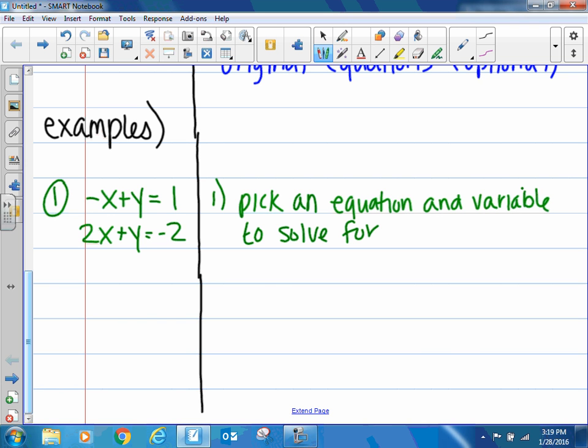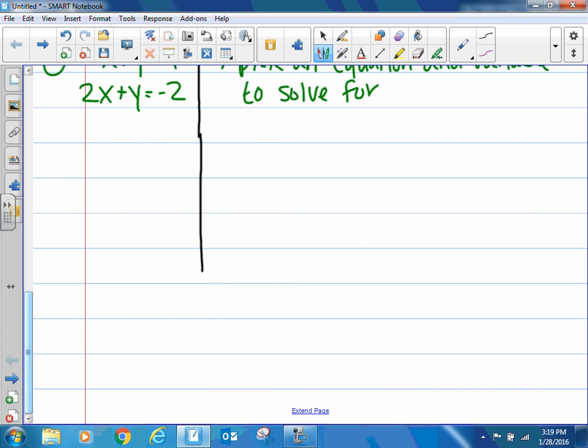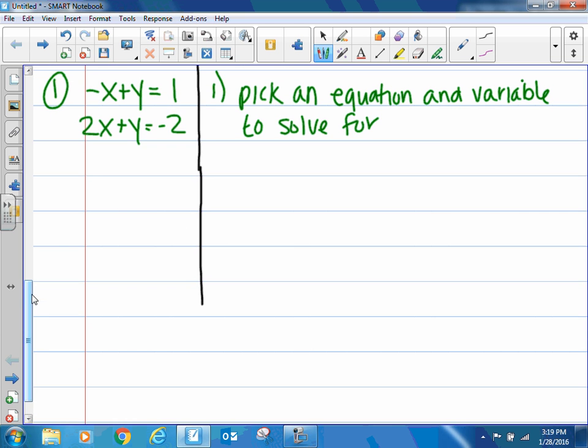I'm going to look at my two equations, and if you notice, negative x plus y equals 1 is pretty easy to solve for a variable. So I'm going to use that equation. Again, you can pick either one to start with. You're going to come up with the same answer.